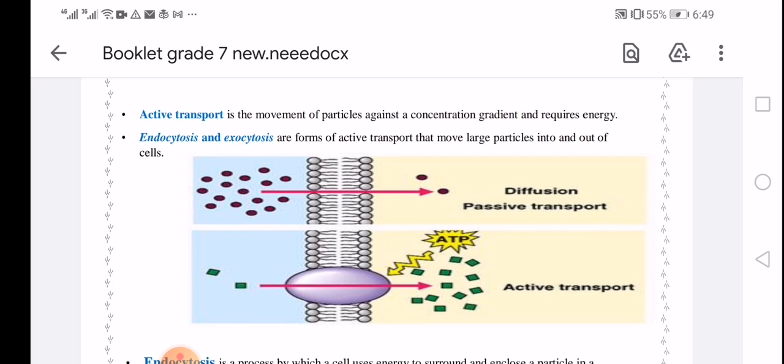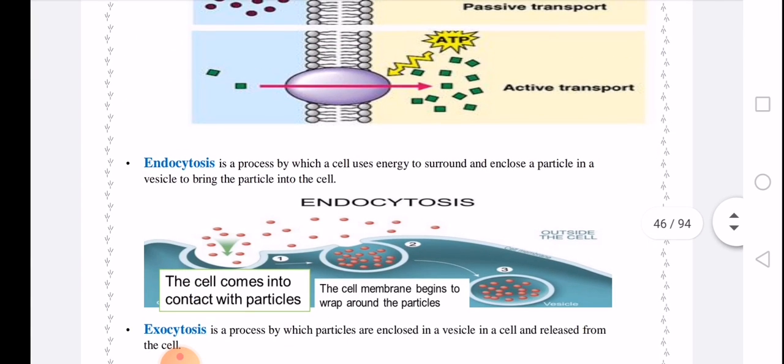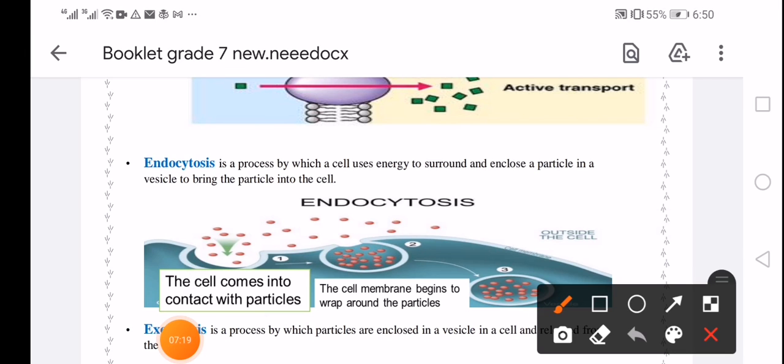Endocytosis and exocytosis are forms of active transport that move large particles into and out of the cell. First, what is meant by endocytosis? Endocytosis is a process by which a cell uses energy to surround and enclose particles in vesicles to bring the particles into the cell.